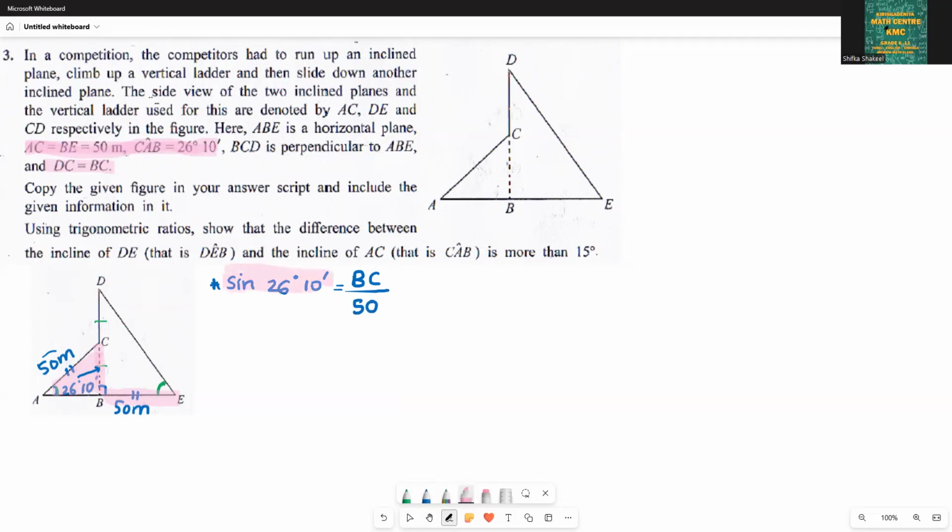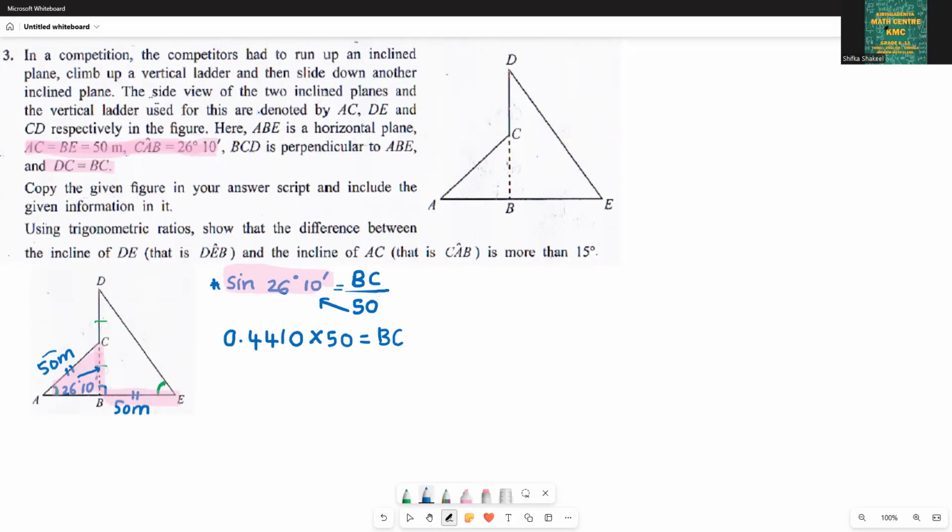You can check this value in the sine table, similar to logarithm. I have already explained how to use the sine table. Sine 26 degrees 10 minutes is 0.4410. We take the 50 to the other side, and it becomes multiplication: BC equals 0.4410 times 50.